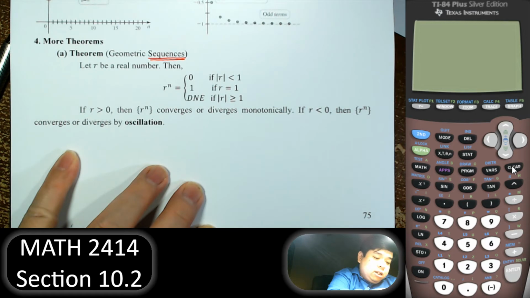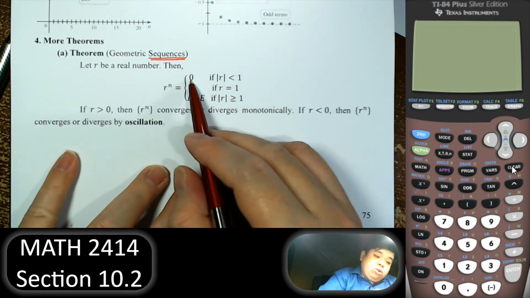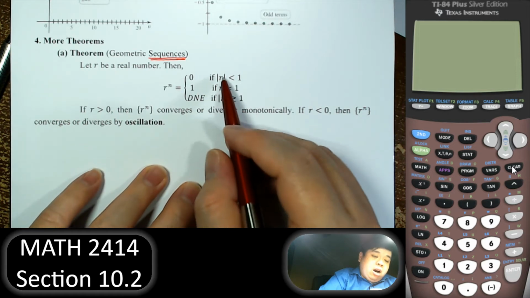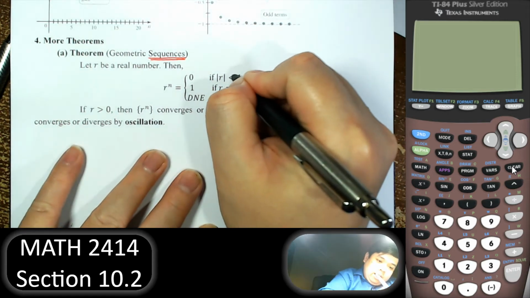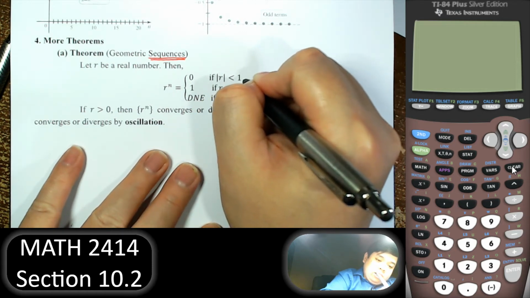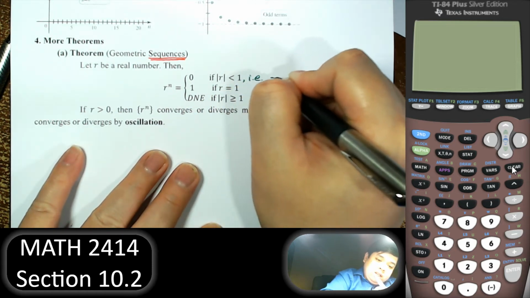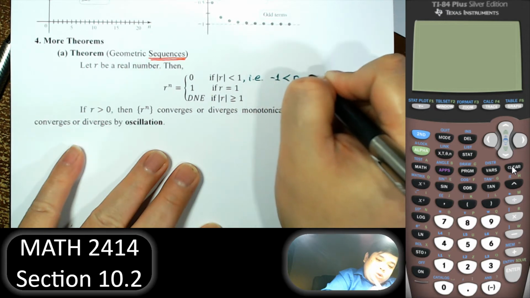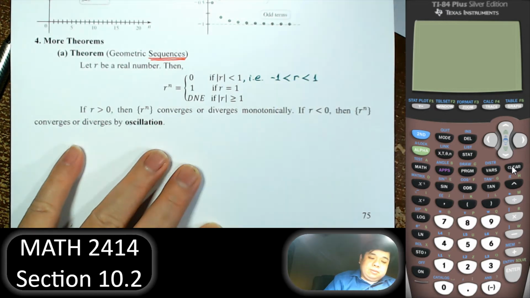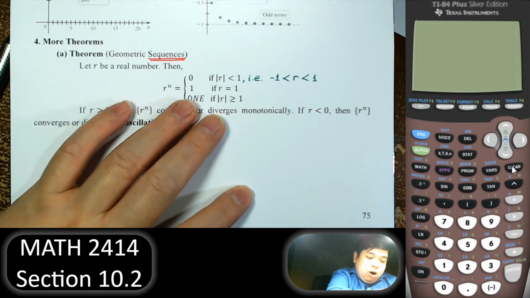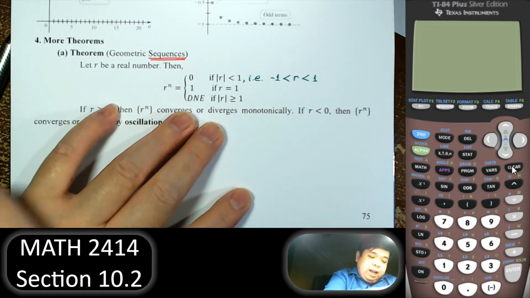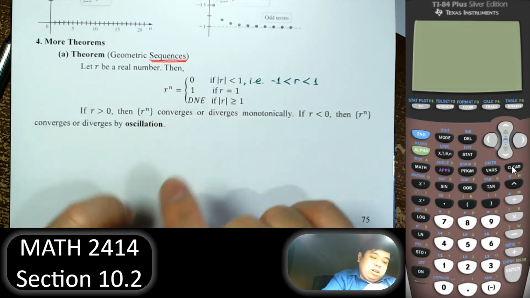Let R be a real number, easy. Then the limit of R to the n equals 0 if the absolute value of R is less than 1, which is the same thing as saying it is between negative 1 and 1. It equals 1 if R equals 1. And if it is greater than 1, the limit does not exist.